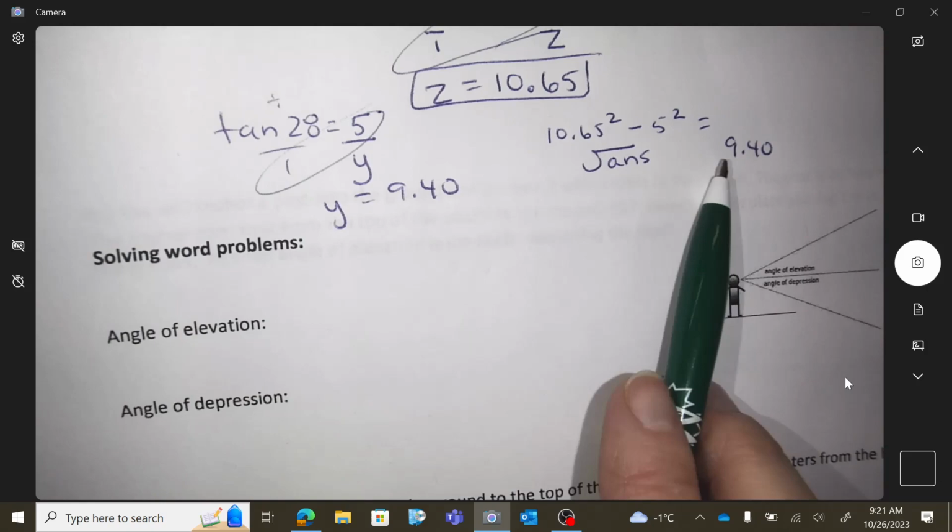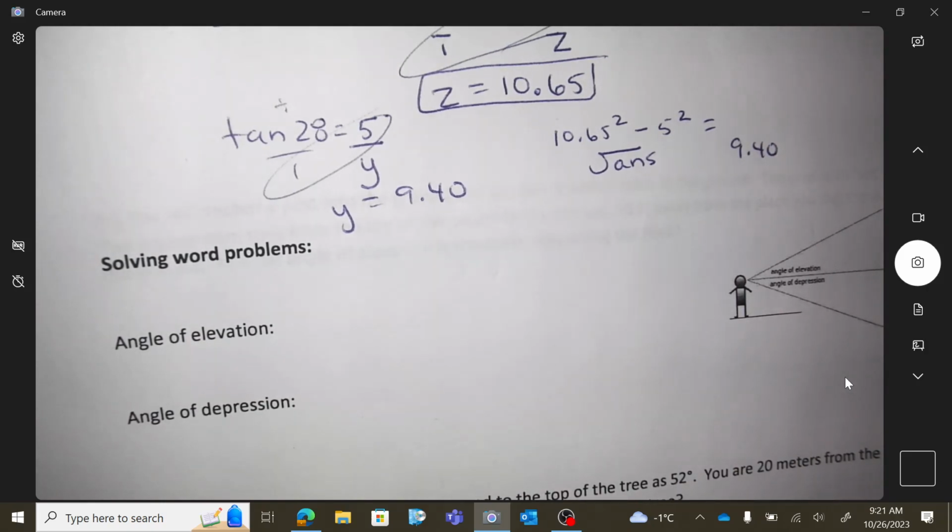Okay, so I did both methods and I got the same thing no matter what I did. So there's lots of different varieties of how to get there.